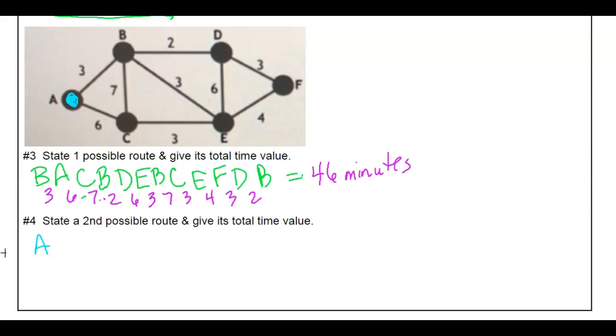I'm going to have to hit both of these. So let's do A to B. And then let's see if we can go on the outside. Let's do D. Let's do F. I'm really just playing here. There's no right or wrong way. We're going to go to E.